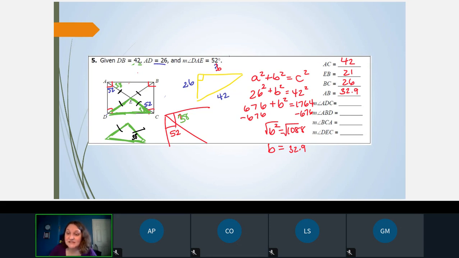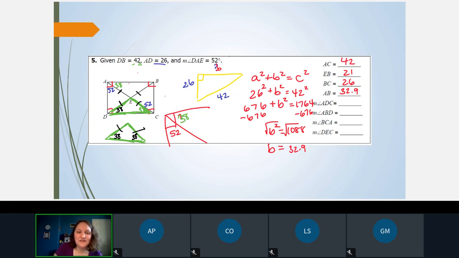Yes, if you wrote isosceles, you're right. This is an isosceles triangle. And the reason why that's important is because now I know that it's isosceles, I know that its base angles are congruent. So if I go back to the original rectangle, that means this angle EDC is 38. That's okay, Leanne. Not a big deal.